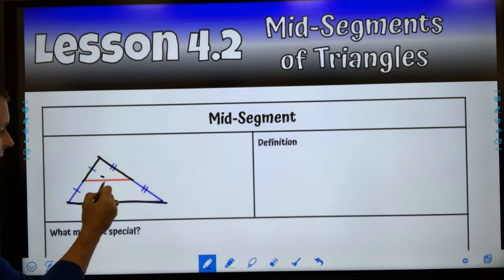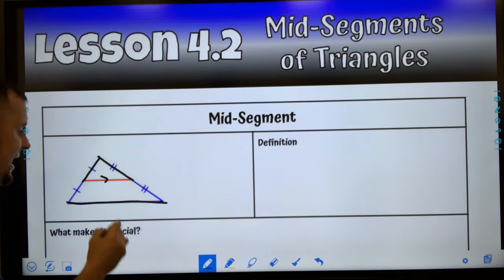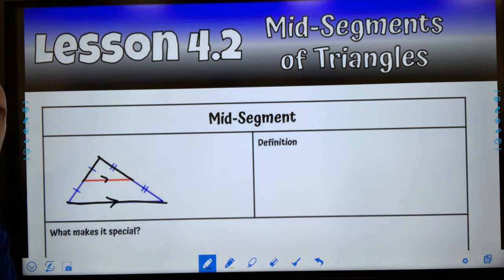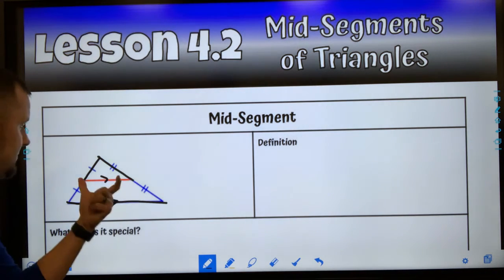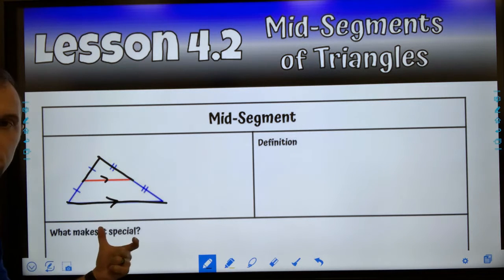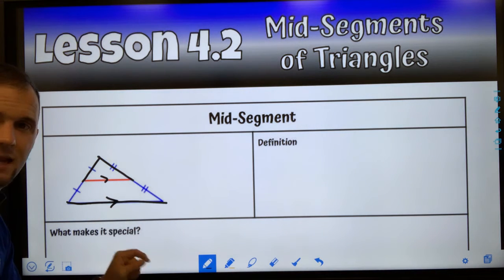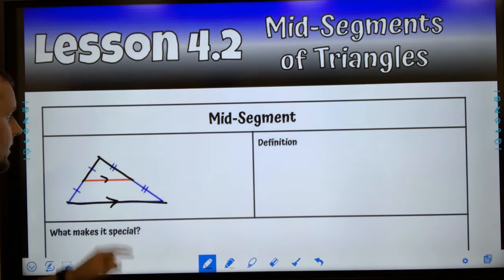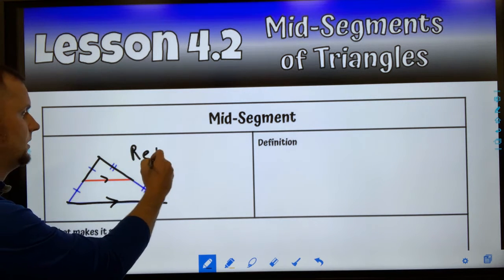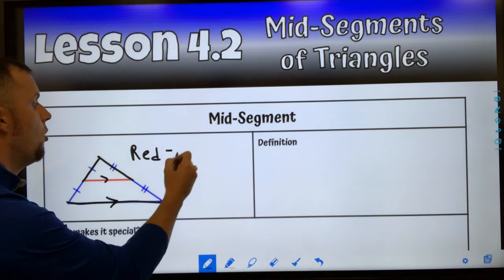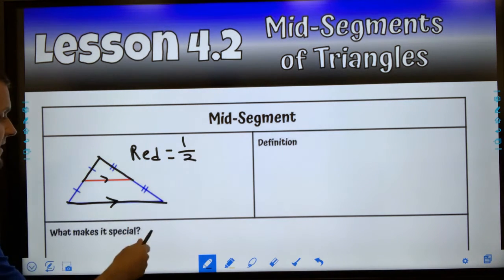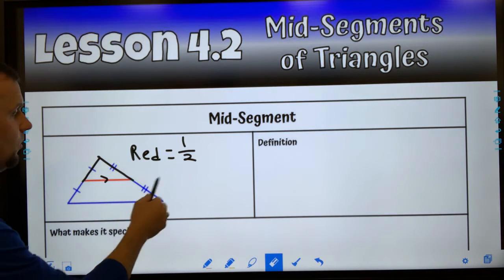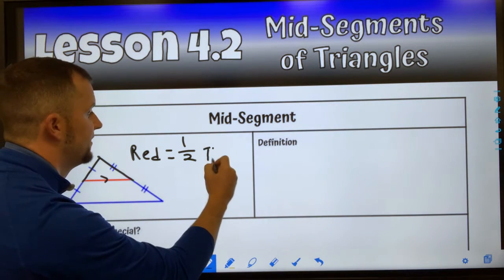So this red line, which is my mid-segment, and this line down here on the bottom are going to be parallel because I'm connecting the midpoints. Also, this red line is going to be 1/2 of this bottom line, which is blue, or 1/2 of the third side.